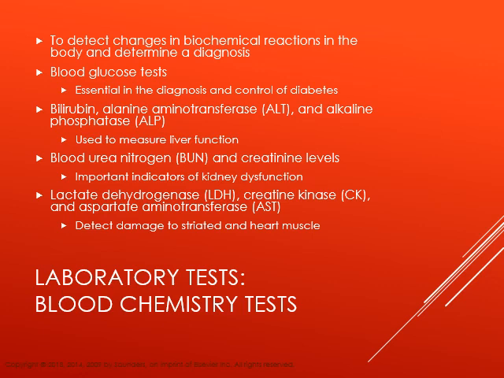There's a list there that provides information regarding the bilirubin, ALT, ALP, which are used to measure liver function; information regarding your BUN and creatinine, which are important indicators of kidney dysfunction; and then your lactate dehydrogenase, creatinine kinase, and aspartate aminotransferase, which detect damage to striated and heart muscles. Again, this information can be found in your textbook on page 410, Table 24.2.